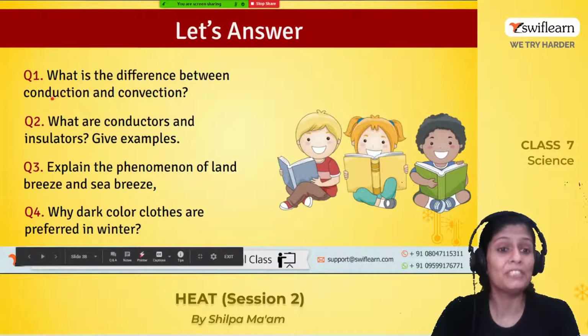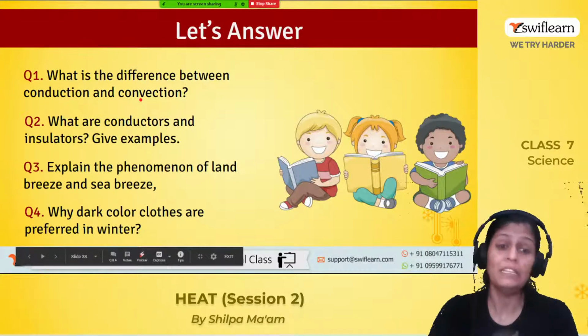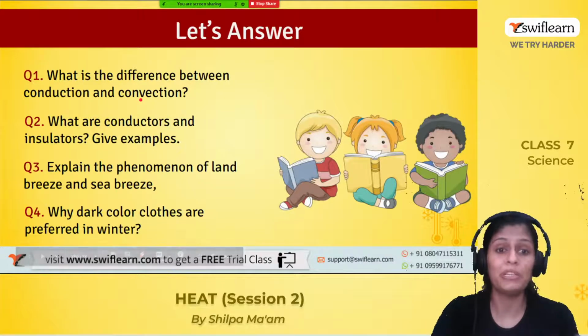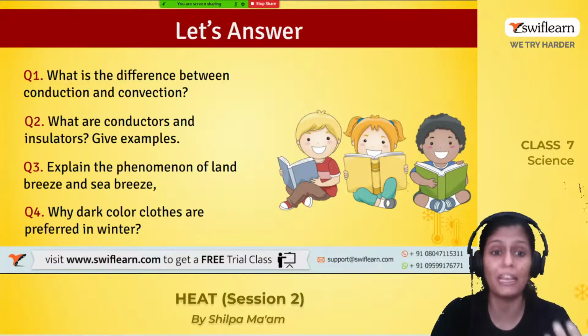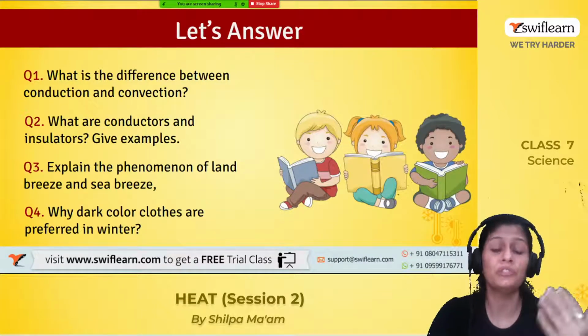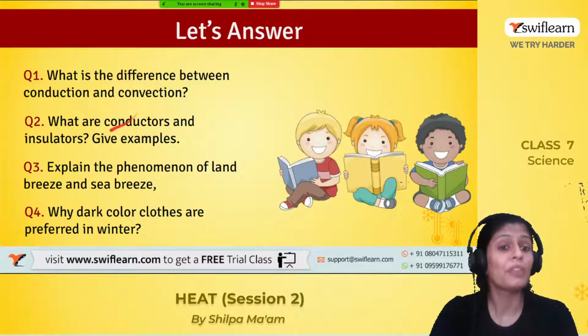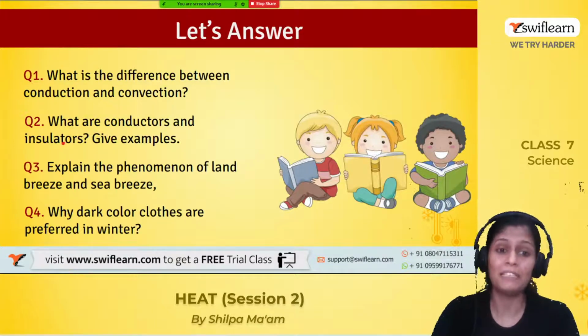Now, what is the difference between conduction and convection? The difference lies in the fact that one is related to the movement of heat between fluids. That is, the fluid is actually moving and the transfer of heat is taking place. Conductors and insulators are basically different.